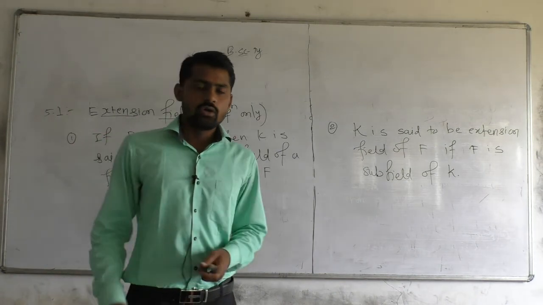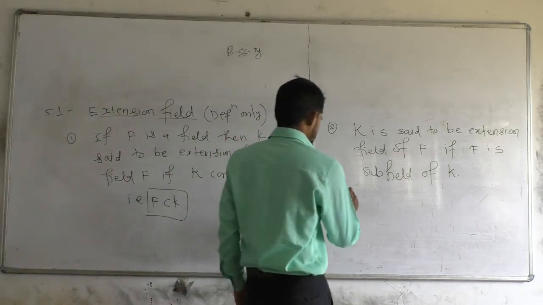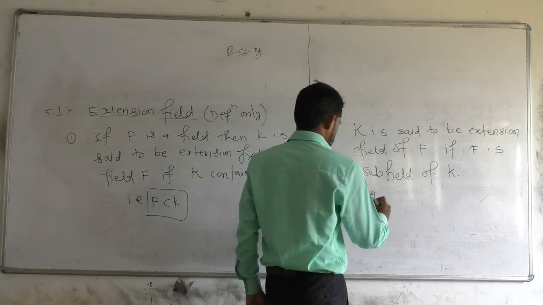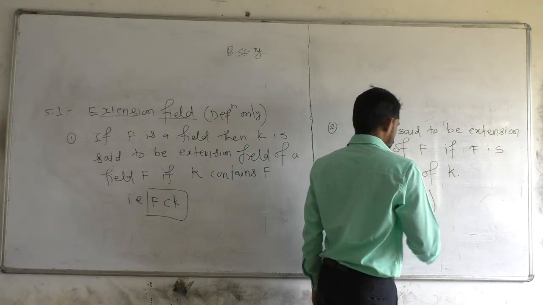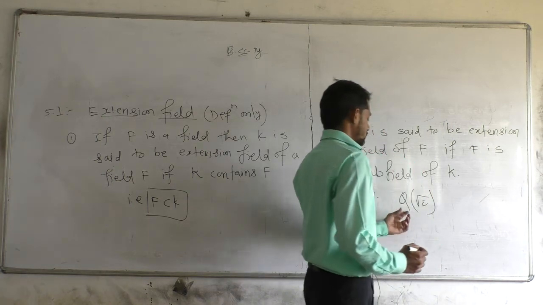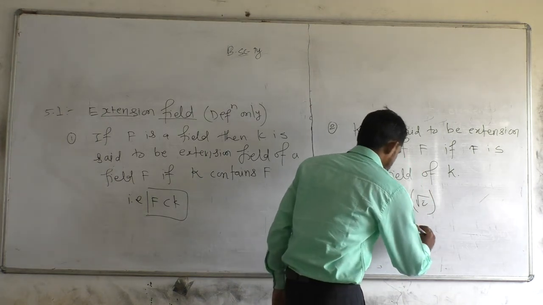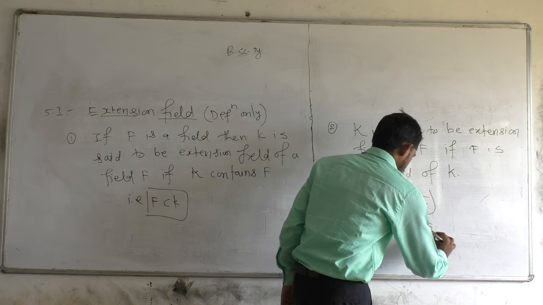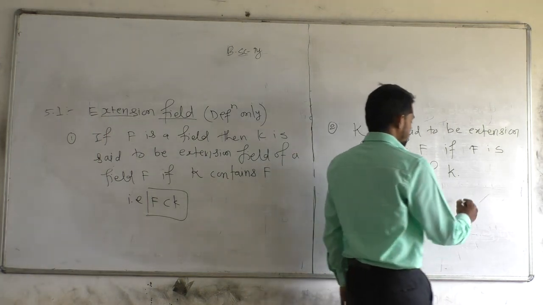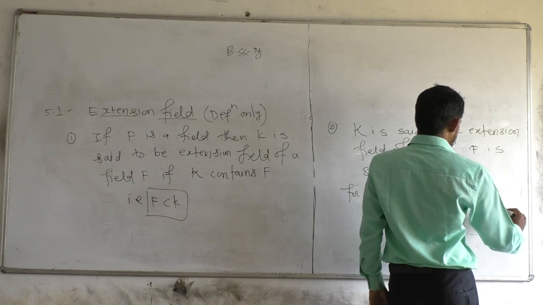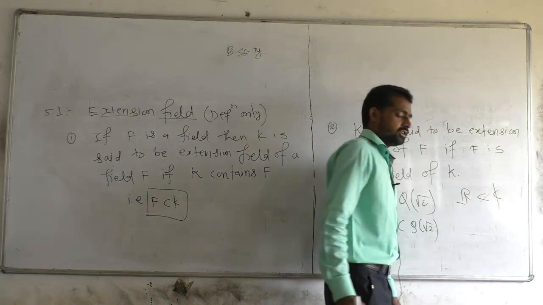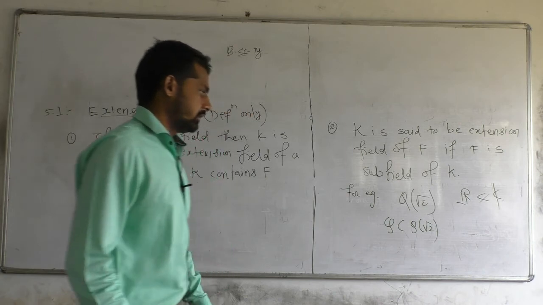Now for example, if Q is a field, then Q of root 2 is the extension field of Q, because Q is a subset of Q of root 2. Also we can say that R is a subfield of C, therefore C is an extension field of the set of real numbers.